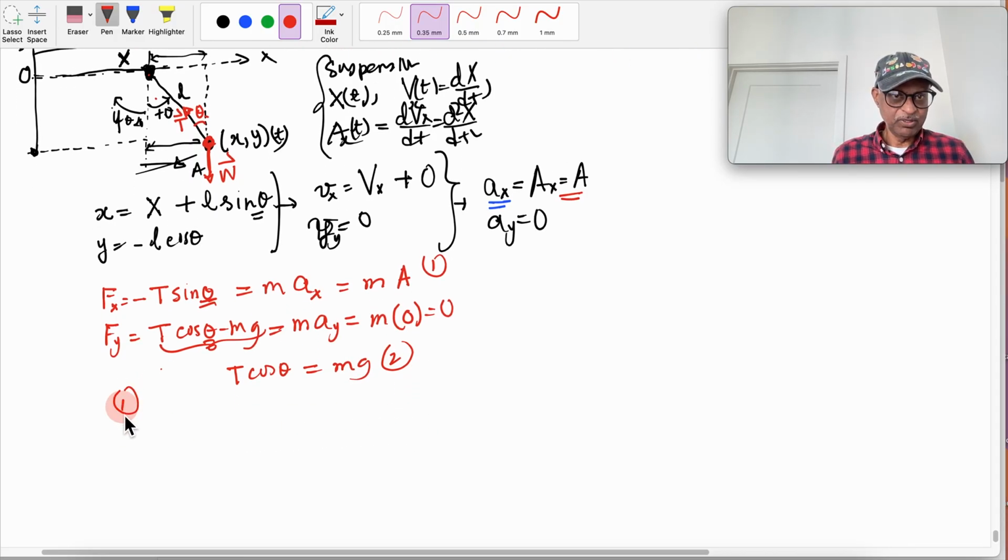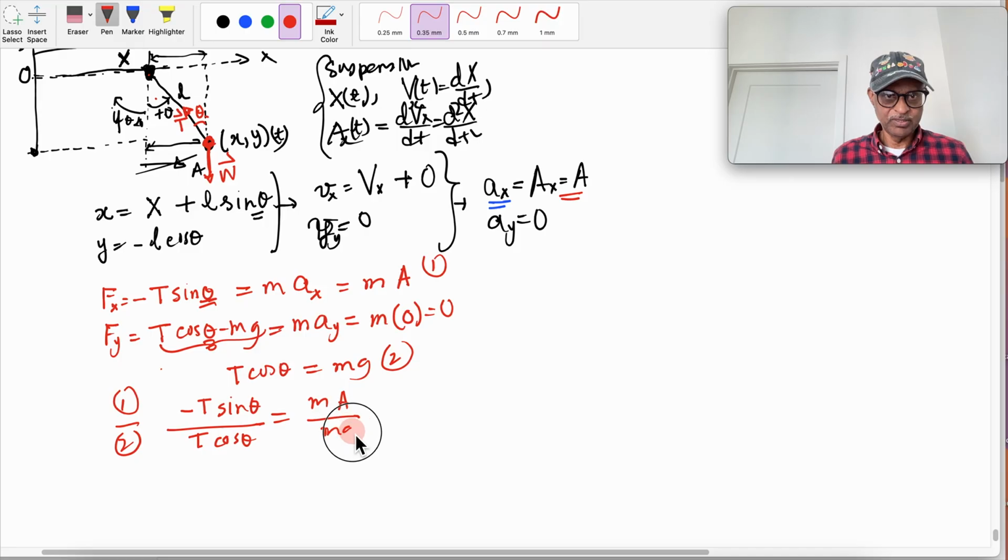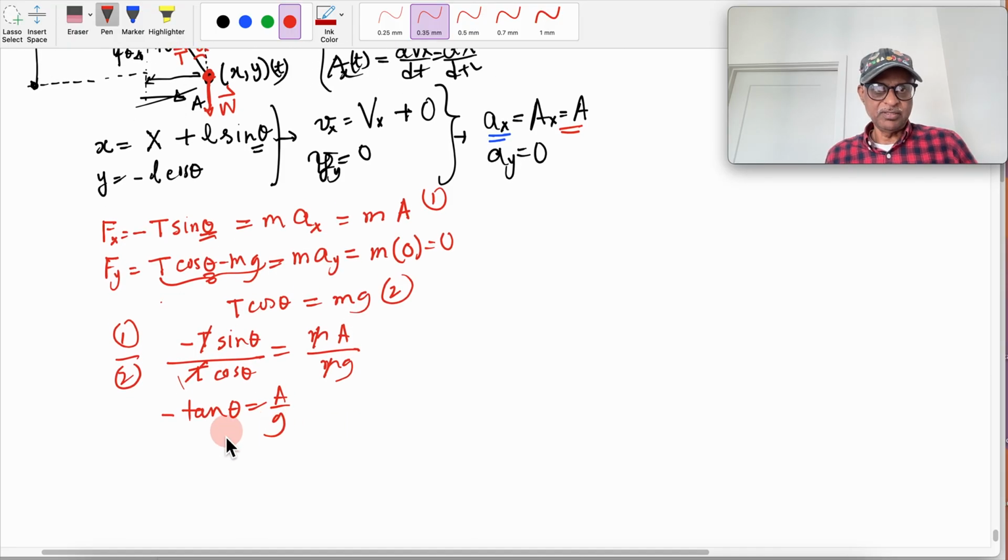If I divide 1 by 2, we get minus T sine theta divided by T cosine theta. On the other side, mA over mg, where m cancels out and T cancels out. This gives minus tangent theta equals A over g. So it turns out theta is minus arctangent inverse of A over g.